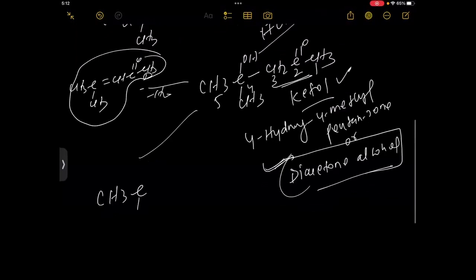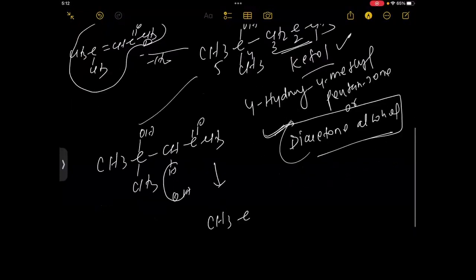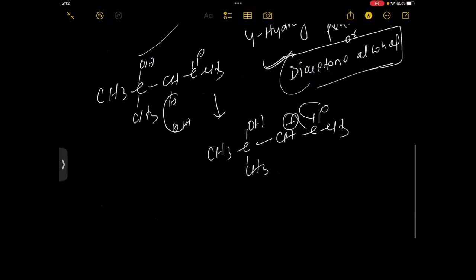Here is the OH, here is the CH, and one H next to C double bond O CH3, the base will attack on the acidic hydrogen, and then CH3 C OH CH3 CH negative C double bond O CH3 will form, and then it will move here, and then CH3 C OH CH3 CH double bond C O negative CH3.